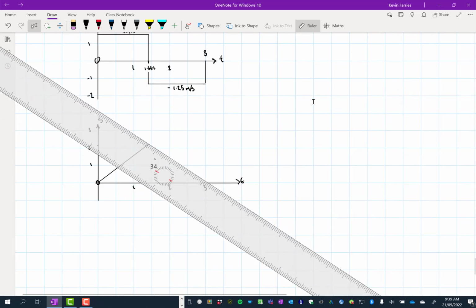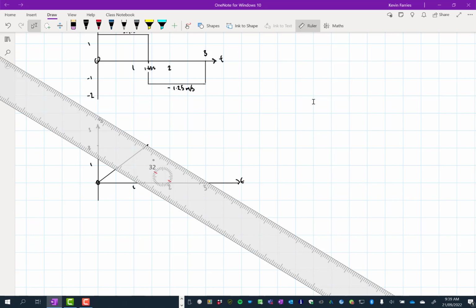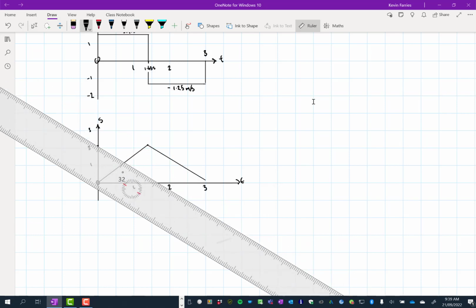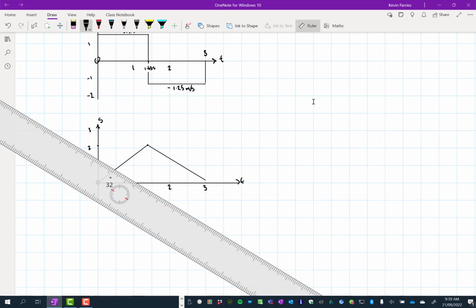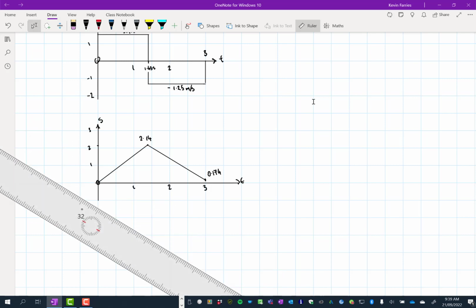So this is 0.174, not 0.2. So this here would be 2.14, always, because it's relative to that starting point rather than relative to cushion A, and this would be 0.174 there. And that's my displacement time graph. It's just showing what the displacement is at time t.